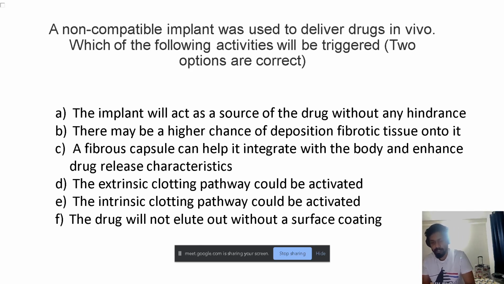And since this implant is non-compatible, it will get recognized by the body, and that will in turn turn this cascade of the intrinsic clotting pathway on. So that seems like a correct option.